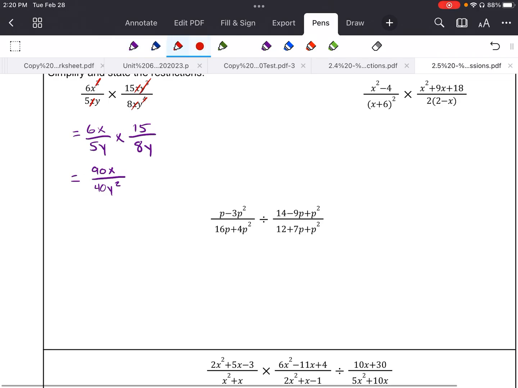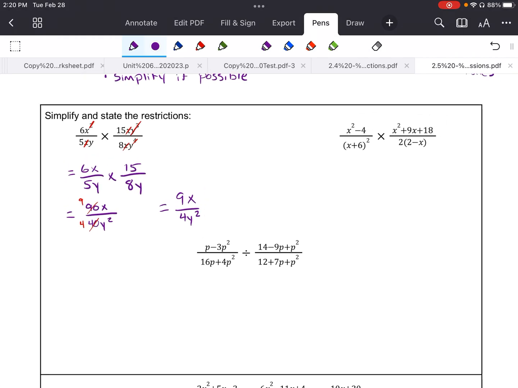We can simplify further. Both the 90 and the 40 divide by 10, so we'll be left with 9 and 4. Numerator is x, denominator is y, so we can't do anything further there. So our final answer is 9x over 4y squared.